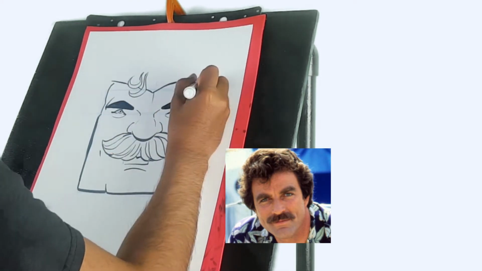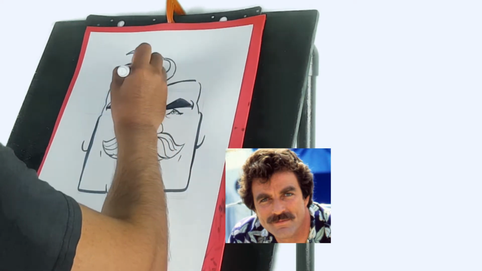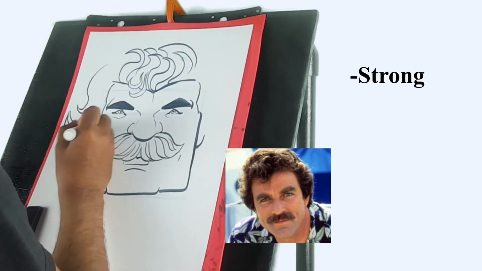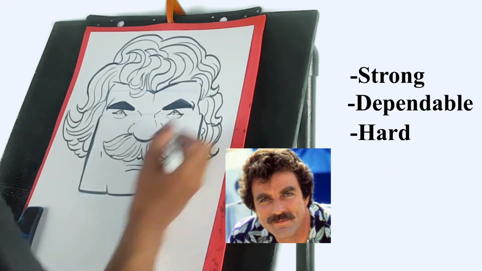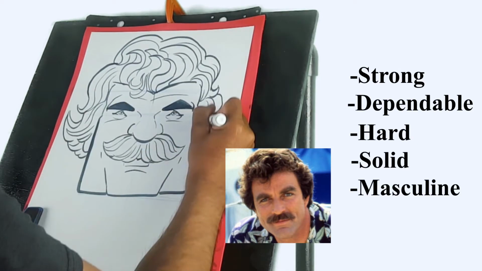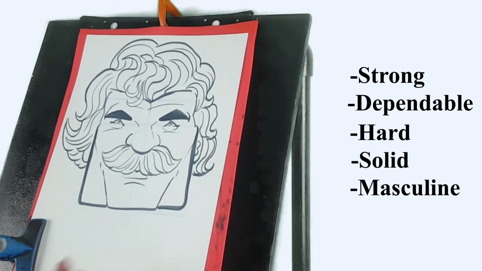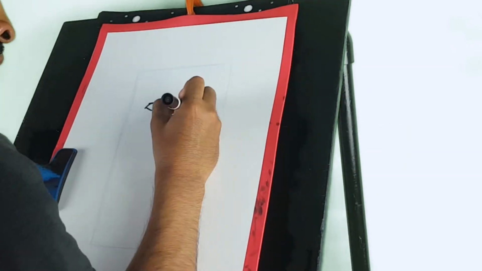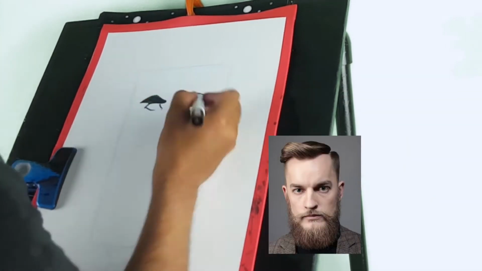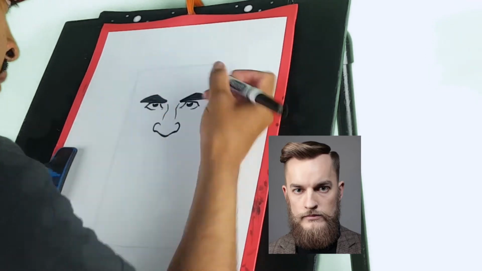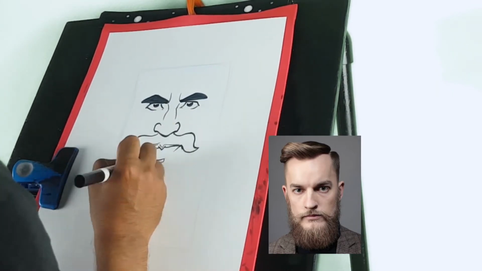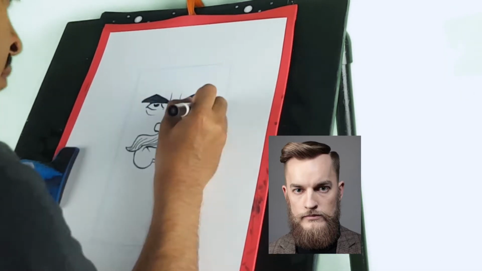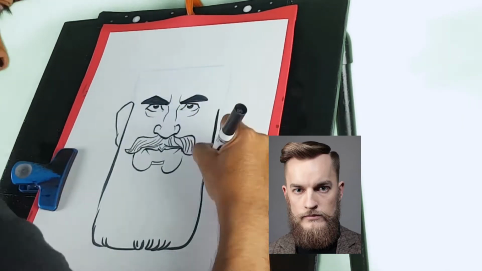A few traits that can also be associated to these shapes are strong, dependable, hard, solid, and masculine. The square and rectangle shapes are two very blocky shapes that feel very firm and solid. This is the reason why it's associated with masculine features, although there are exceptions, as I will show later on.